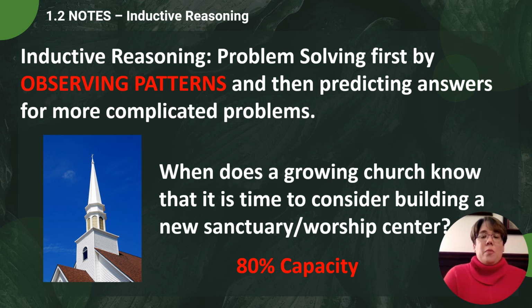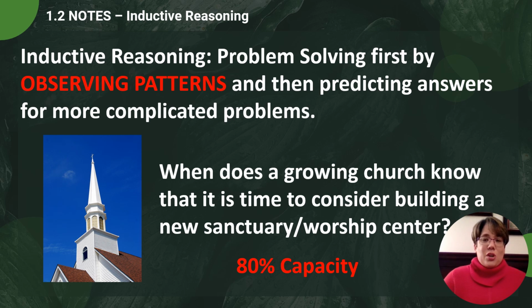And so how did they come up with that? Well, they came up with that by observing patterns from hundreds and thousands of other churches that went through similar growth patterns. So they used inductive reasoning and put those patterns together. So that's just a ministry way of inductive reasoning.